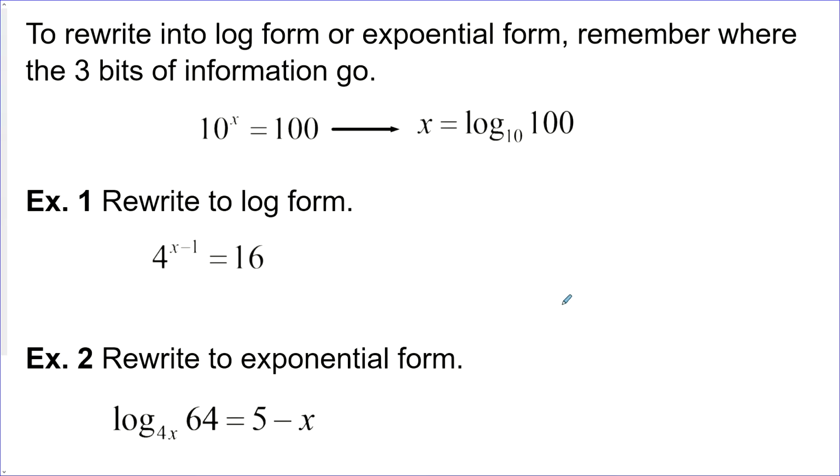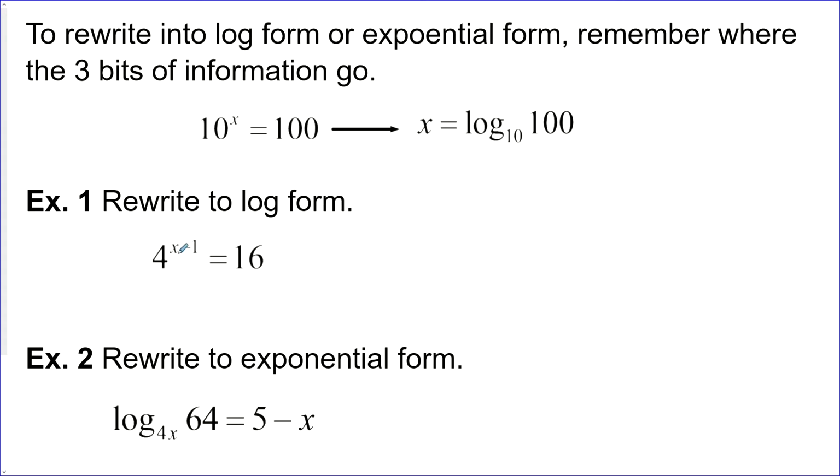First, we need to know how to go from exponential form to log form, or from log form to exponential form. And you just have to memorize where the 3 bits of information go. The base of the exponent becomes the base of the log. The exponent gets freed up here, and whatever it equaled becomes the argument of the log. Let's try this one: rewrite into log form.